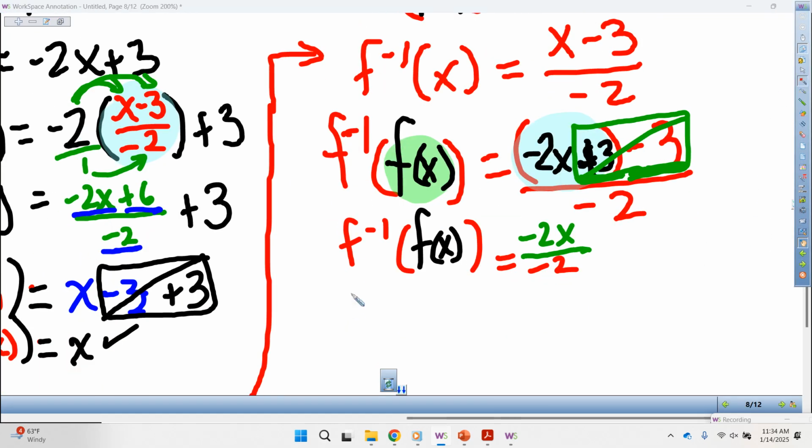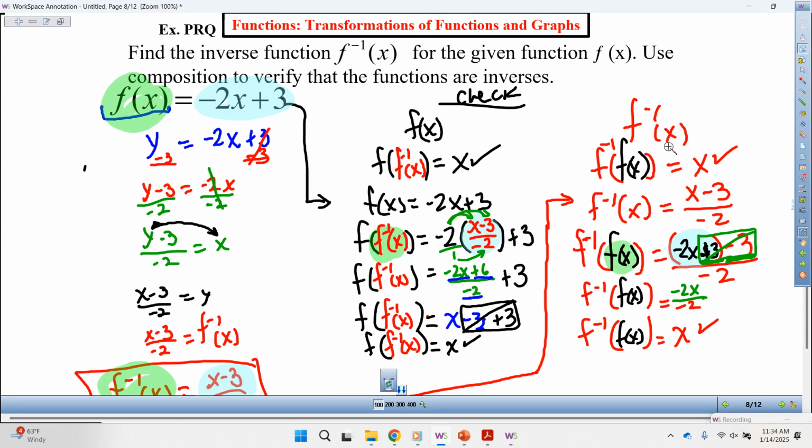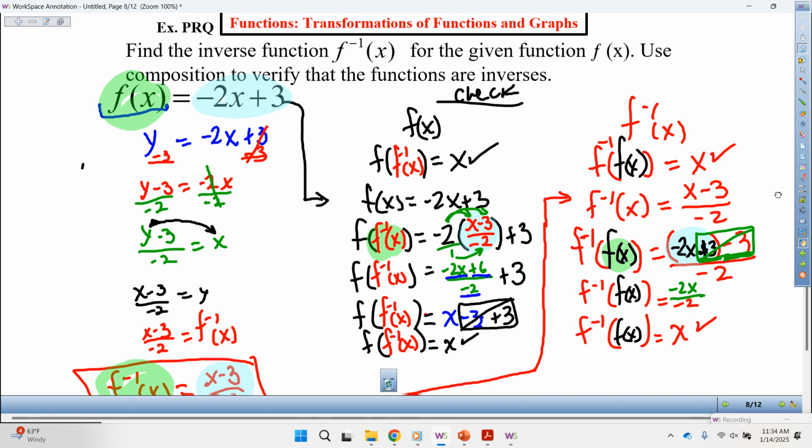And last but not least, what is negative 2x divided by negative 2? 1x. Did we end up with what we were checking for? Did we end up with an x on the right side? Yes. And now we check that it is the inverse.